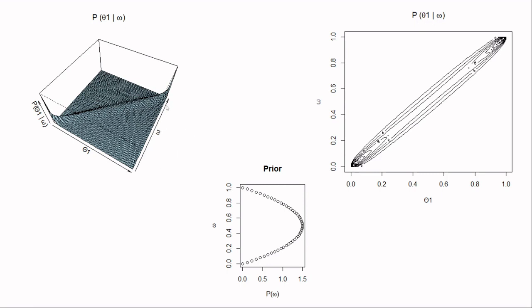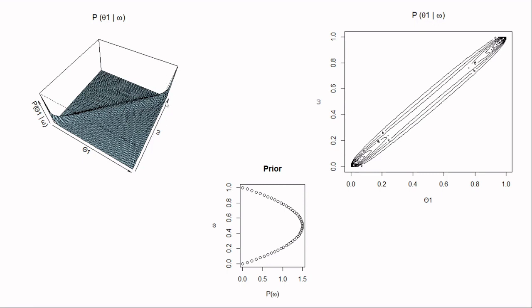So if you would have a very high omega, you expect that this distribution is far to the right, so there's a high mean of the theta 1 distribution, or if omega would be very low, then you would have the distribution very far to the left, or if it's here in the middle, then you would also expect that in the group, theta 1 is peaking around intermediate values of around 0.5 or so.